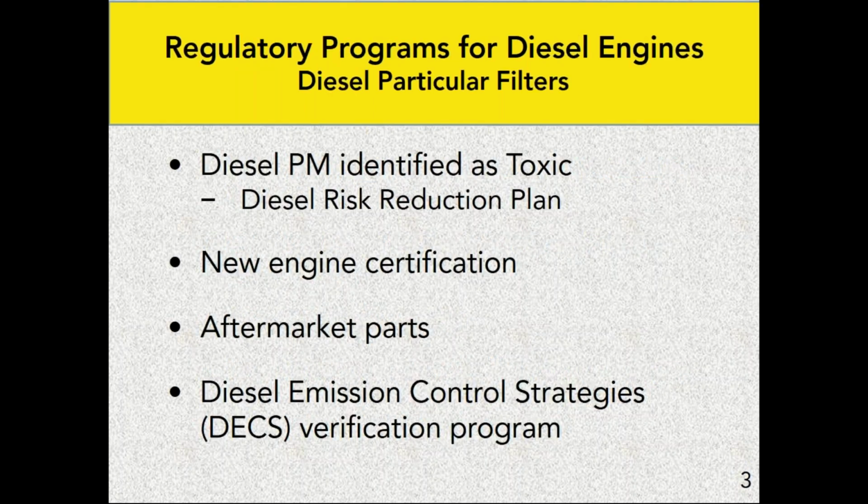So for the regulatory part of this, it all started, well, it started before 1998. Up to 1998, the Air Resources Board knew that particulate matter was an issue. We had identified several different pollutants called criteria pollutants.